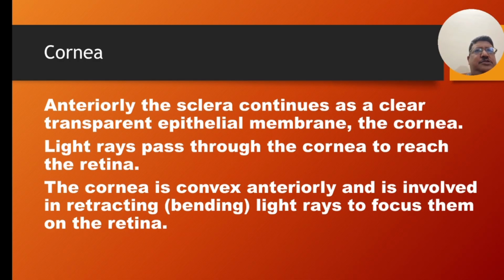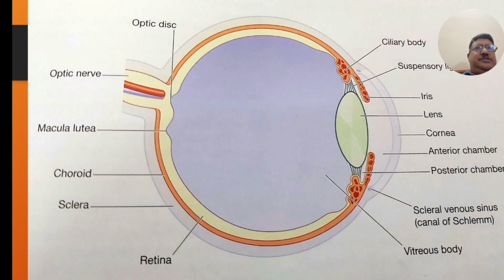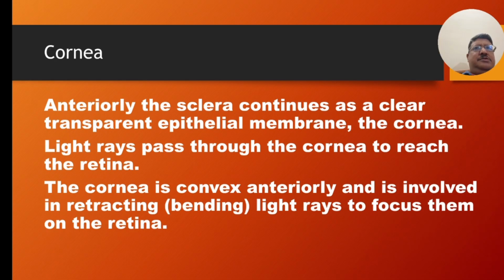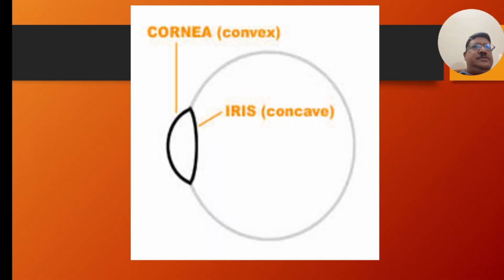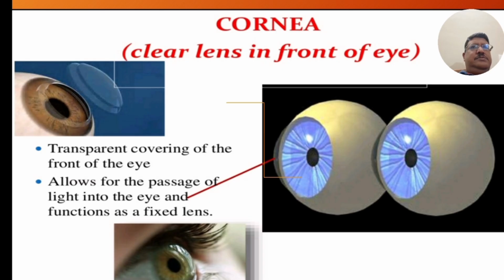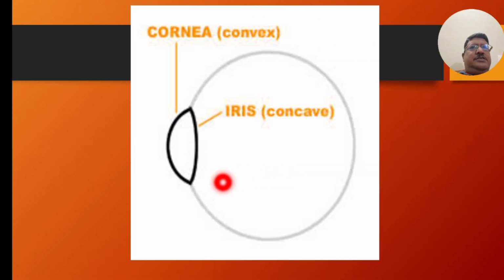Light rays pass through the cornea to reach the retina, and the cornea is convex anteriorly and is involved in refracting, bending light rays to focus them on the retina. So this is the structure of the cornea.